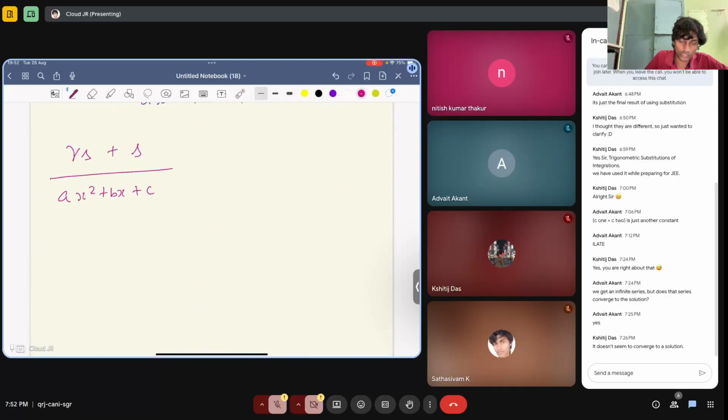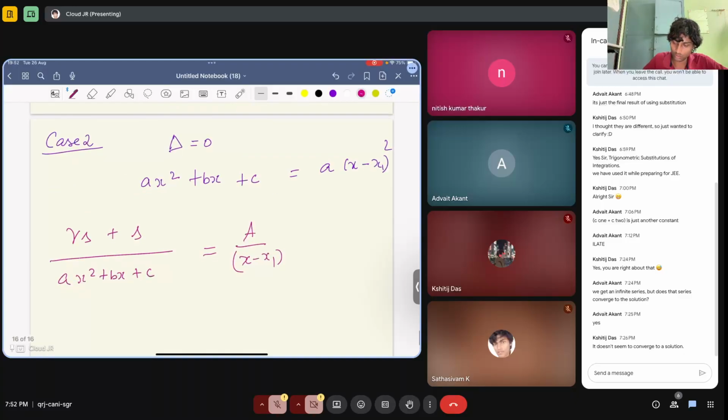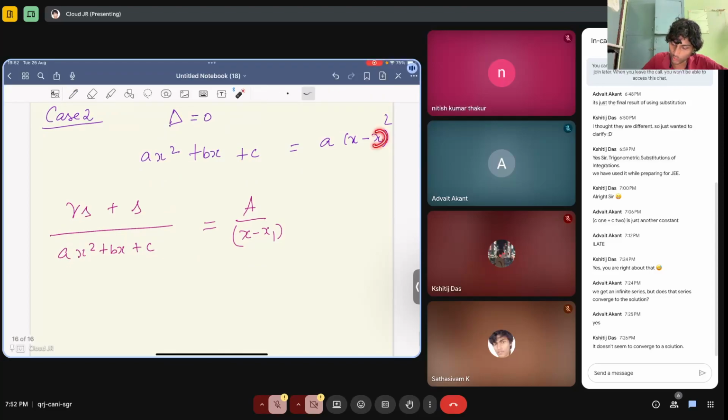So one thing you can do is this can always be written as a partial sum of this form. Okay, where this x1 is the root here. Or if you don't want to write x1, I can write alpha, but I think it's fine. So you can always write it with (x minus x1) square. Okay. Well, why are you putting a square here?